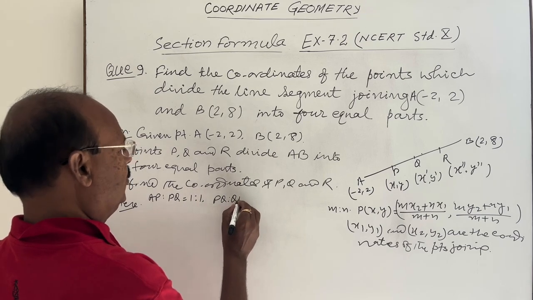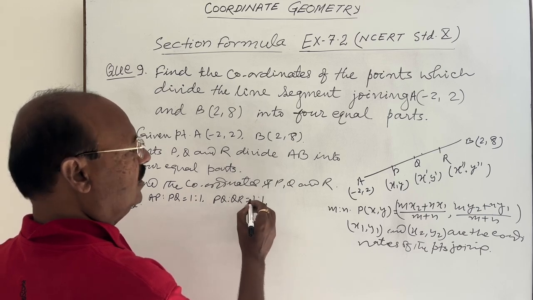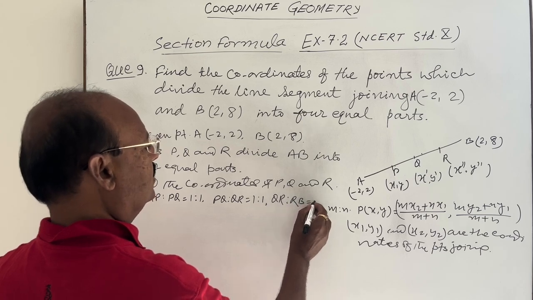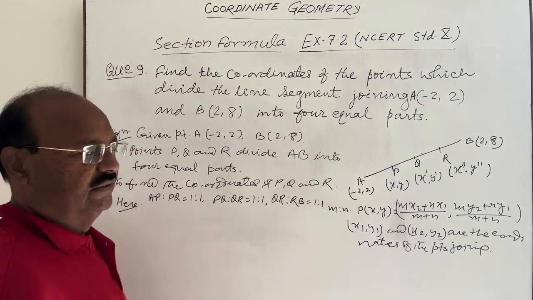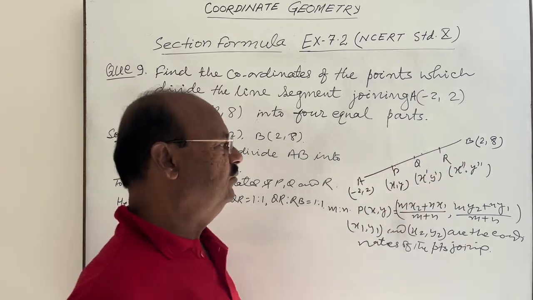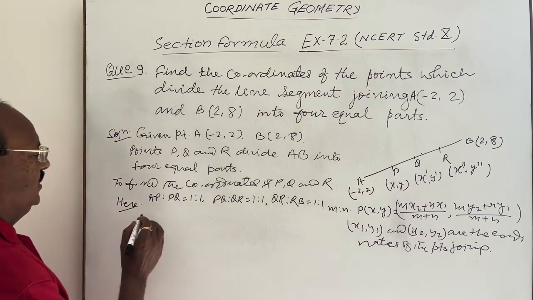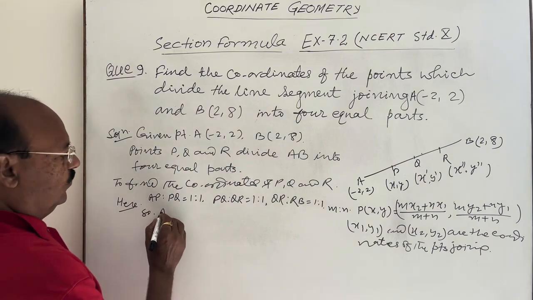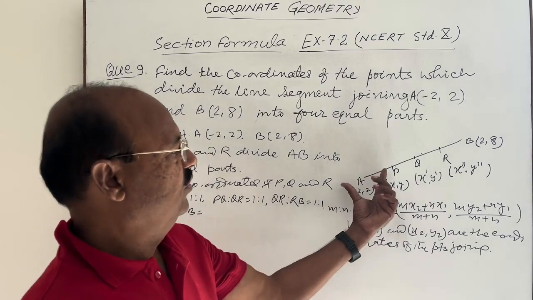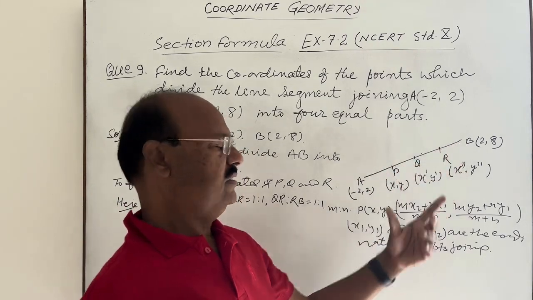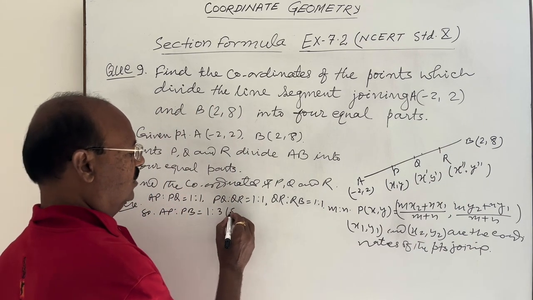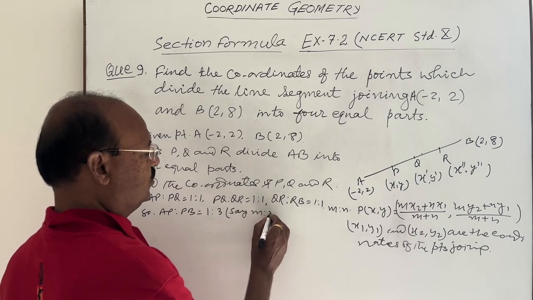PQ to QR is 1:1, as well as QR to RB is 1:1, because P, Q, R divide this line segment AB into 4 equal parts. So what will be the ratio AP to PB? This is 1 part and on this side there are 3 parts. So this is 1:3. Suppose this is m:n.